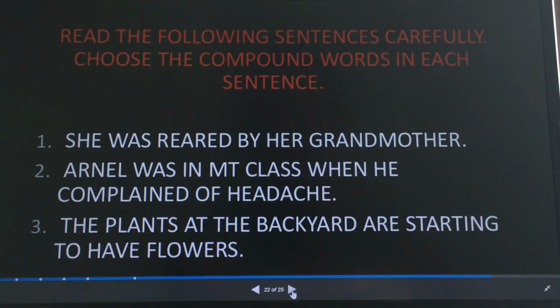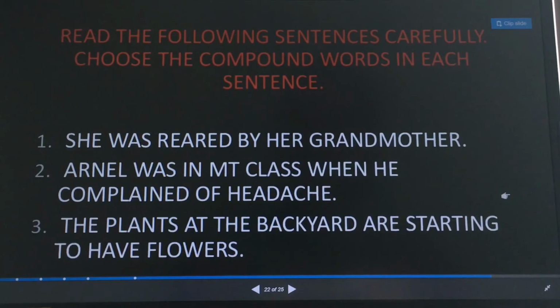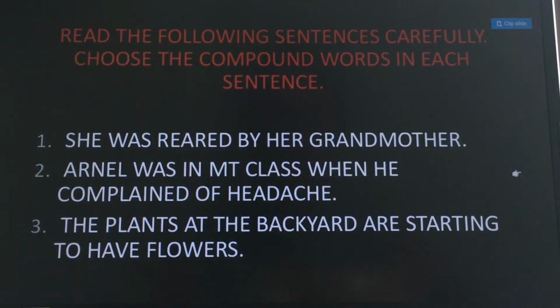Okay, so last activity, class. Read these sentences carefully and choose the compound words from each sentence. Example number 1: She was reared by her grandmother. What is the compound word here? Anyone?